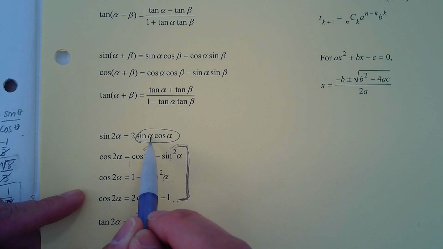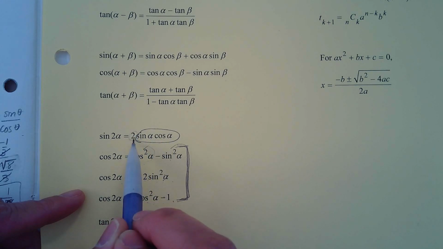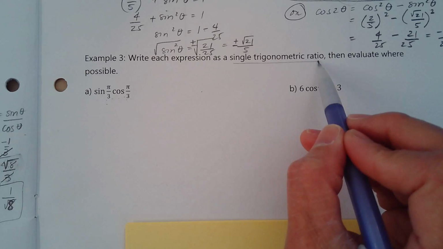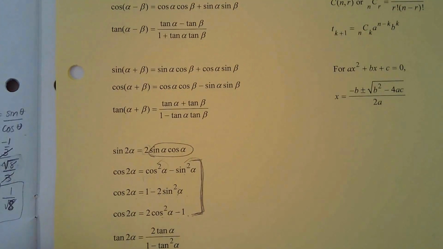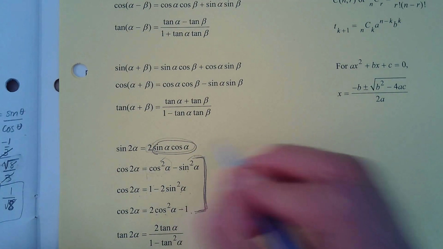Sine theta, cos theta, but there's no 2 there. Okay? So write each expression as a single trigonometric ratio. So we can write that as a single trigonometric ratio in this form.